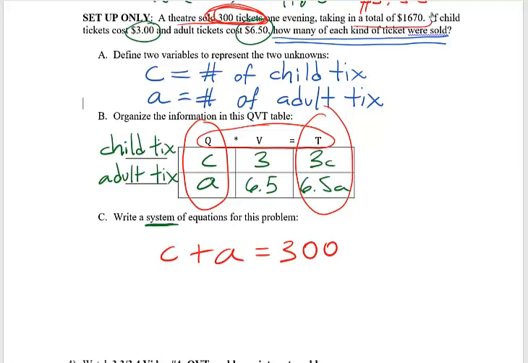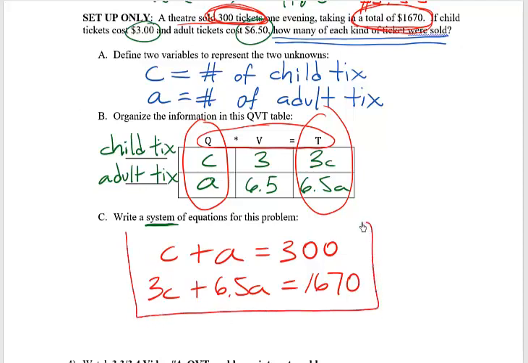The total of all that money was 1,670. Well, again, when I hear total, I think addition. So if I take the money that came in from the kids plus the money that came in from the adults, I have to get that total, 1,670.